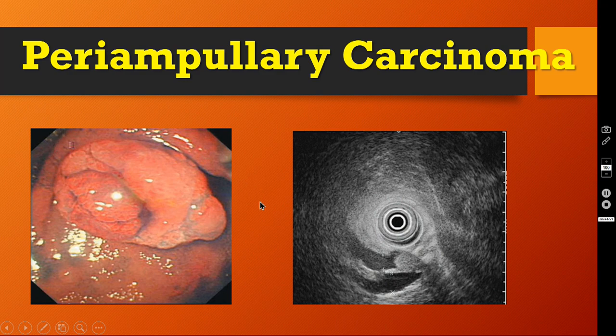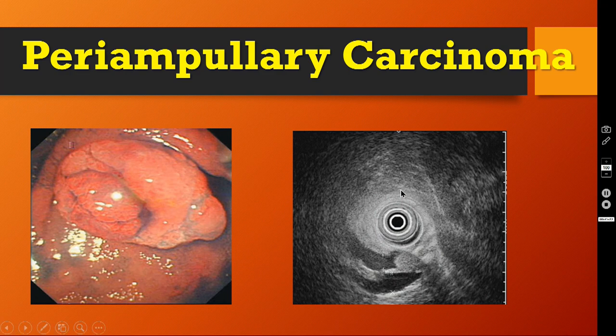This is the endoscopic picture of periampullary carcinoma. This is near the sphincter of Oddi. You are seeing a tumor. This is an EUS picture showing the same tumor here. The endoscopic ultrasound is the best investigation to precisely stage any GI tumors, starting from the esophagus up to the anus.